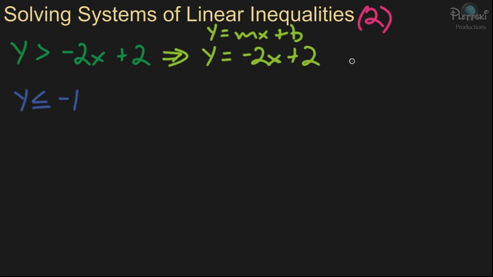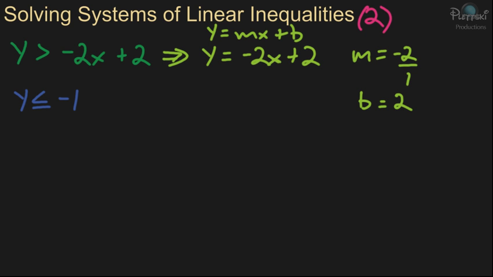So in this case, m, the slope, is negative 2, or you can write it as a fraction, negative 2 over 1, so that you have rise over run. And the y-intercept is 2. So that's where it crosses the y-axis.